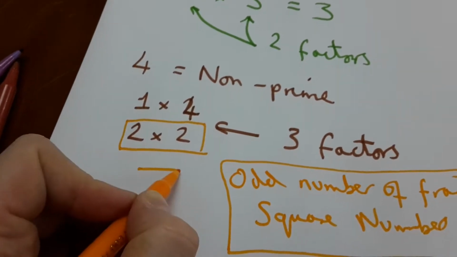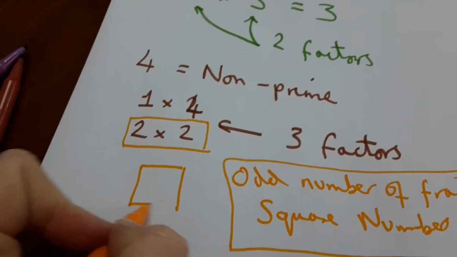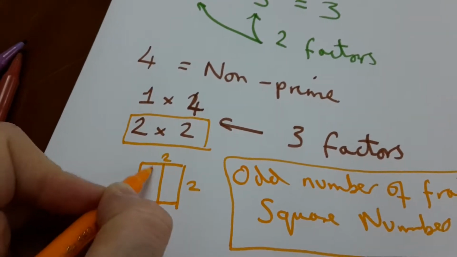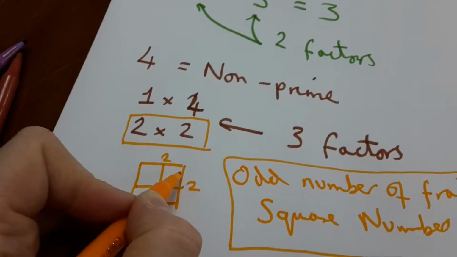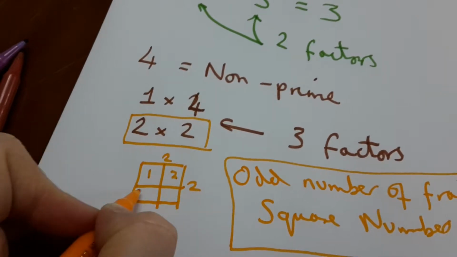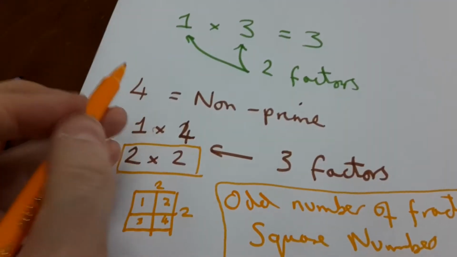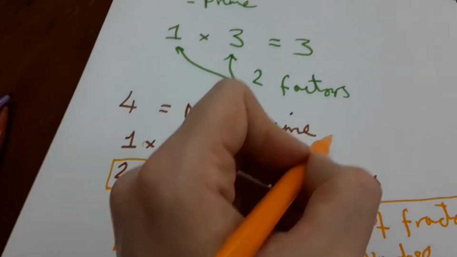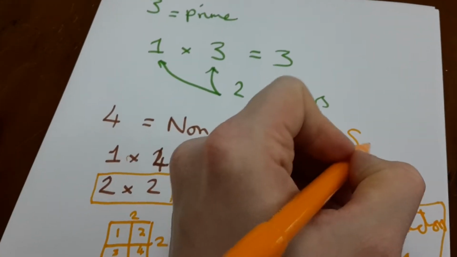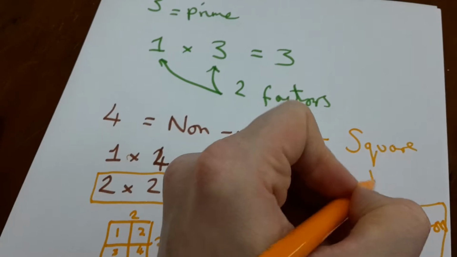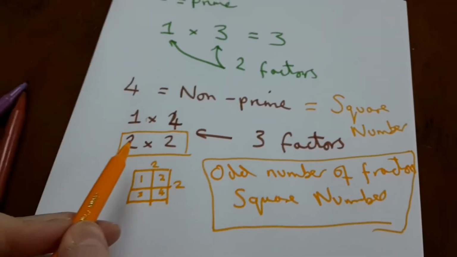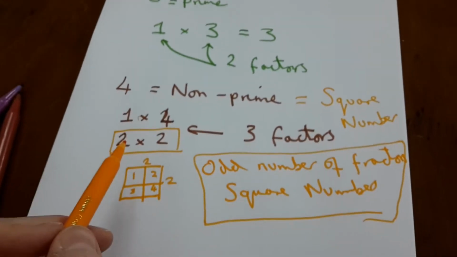We could draw a square with the side lengths of 2 and 2, and because you'd have 2 going this way and 2 going this way, we'd end up with 1, 2, 3, 4, and 4 would be an area of a square. So 4 is non-prime, but it's also a square number because it would give you the area of a square with a side length of 2.